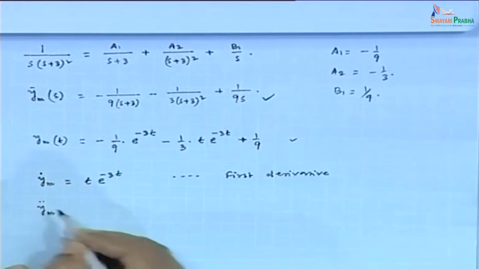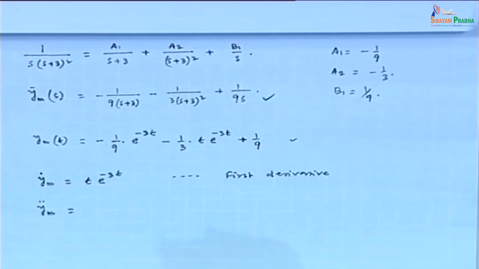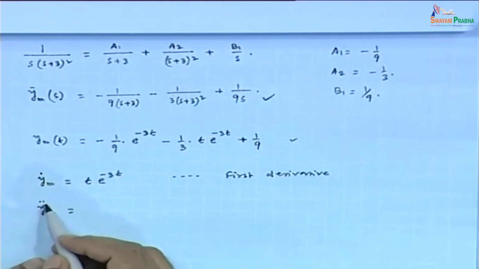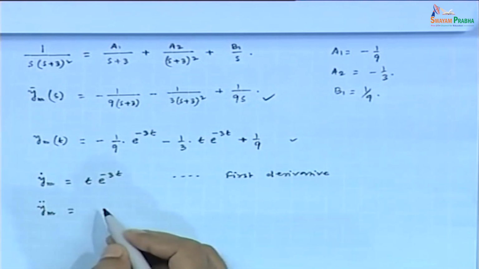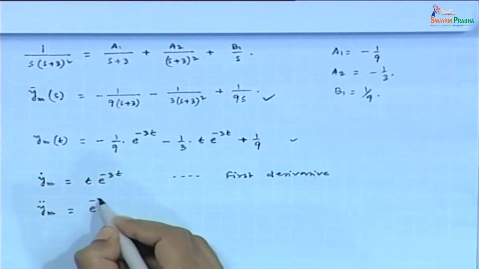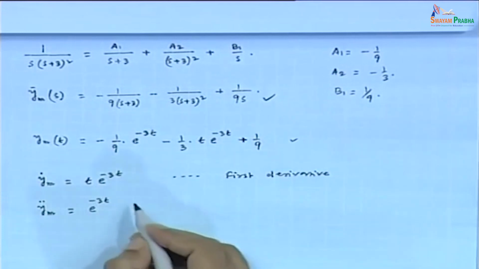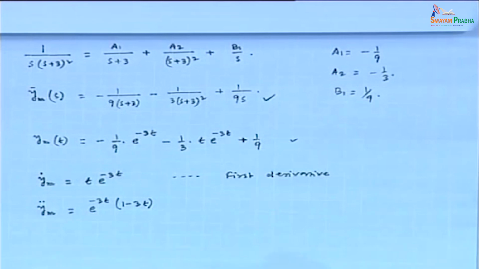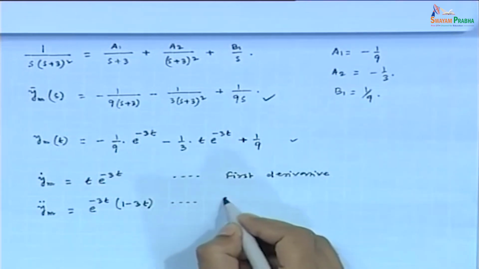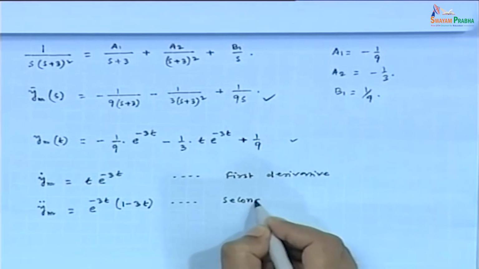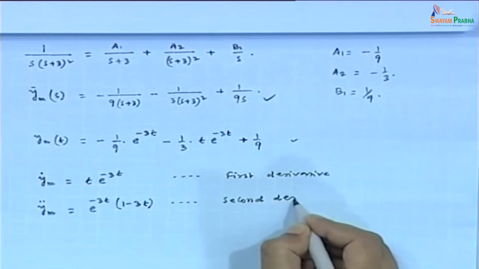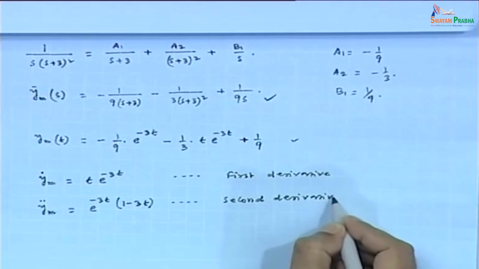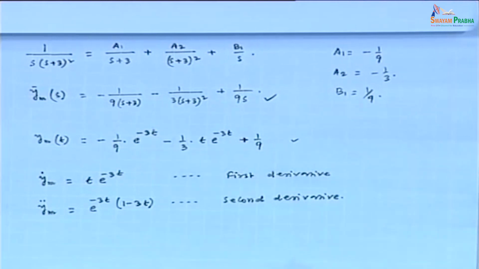Now, the second derivative, represented by Ym double dot, we obtain as e to the power minus 3t times (1 minus 3t). This is the second derivative.